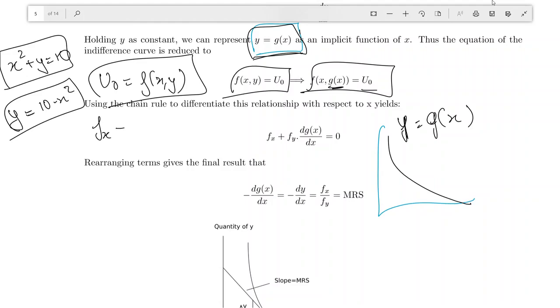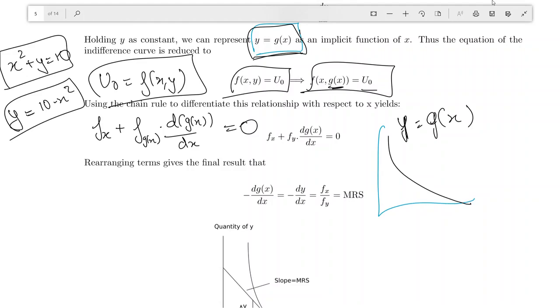Then I differentiate f with respect to g of x, and I differentiate g of x with respect to x. This must be equal to 0.